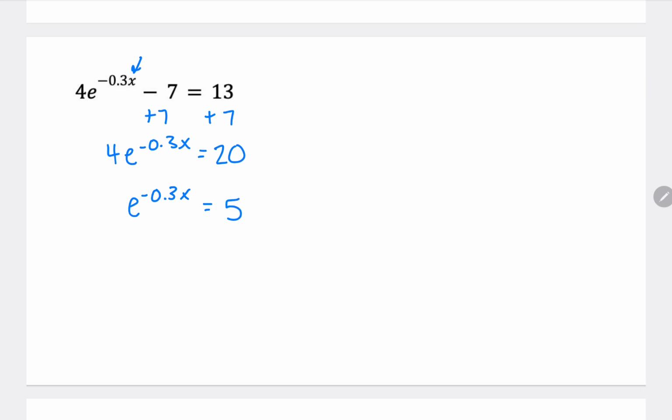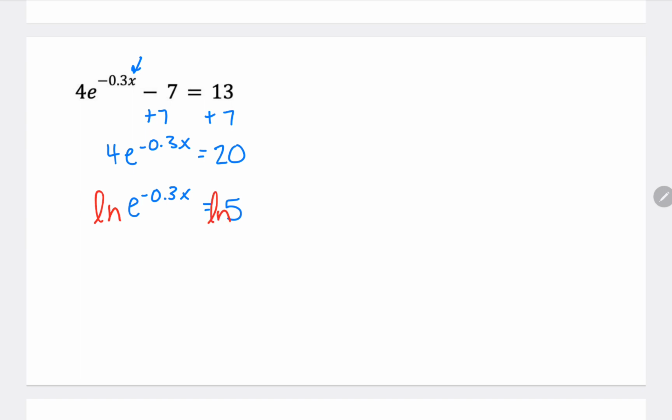But at this point, we get a little bit stuck because the next thing we need to get rid of is the e, and that's the base. So to get rid of a base e, we need to take the log base e of both sides, and the log base e is the same thing as ln.